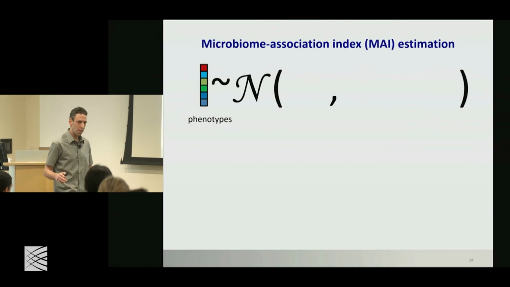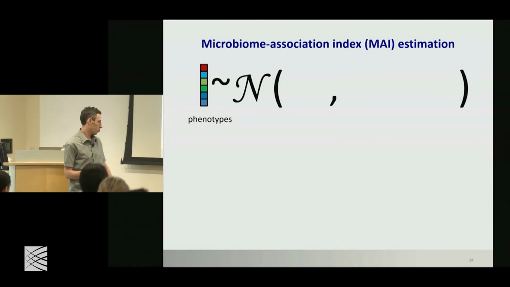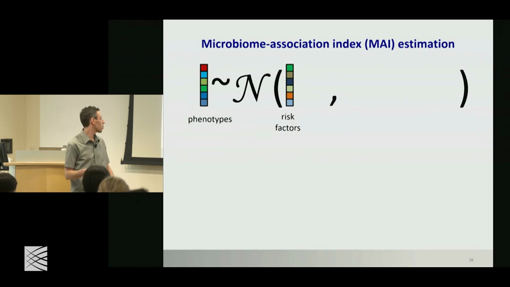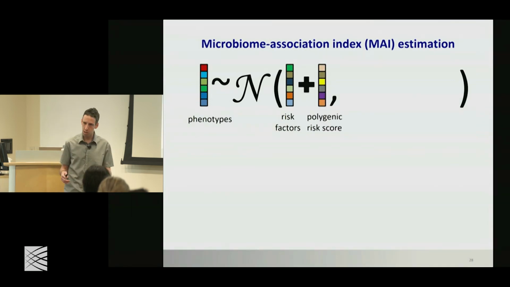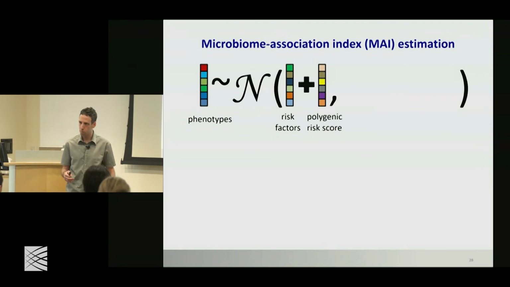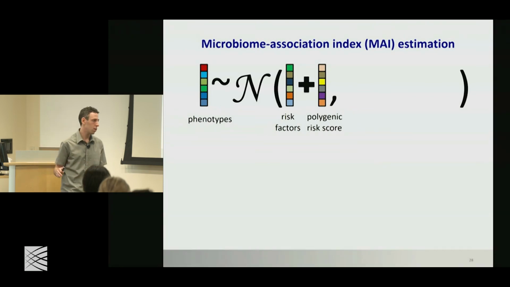Now we want to do almost the same thing for the microbiome. Again, we have this normal distribution, but now our mean vector is given by the sum of two vectors. The first, like before, is a vector of risk factors like diet and age. The second is a vector of polygenic risk scores, which is how we encode the genetic effect on the phenotype. For every individual, we have a polygenic risk score, which I will speak about in a minute.